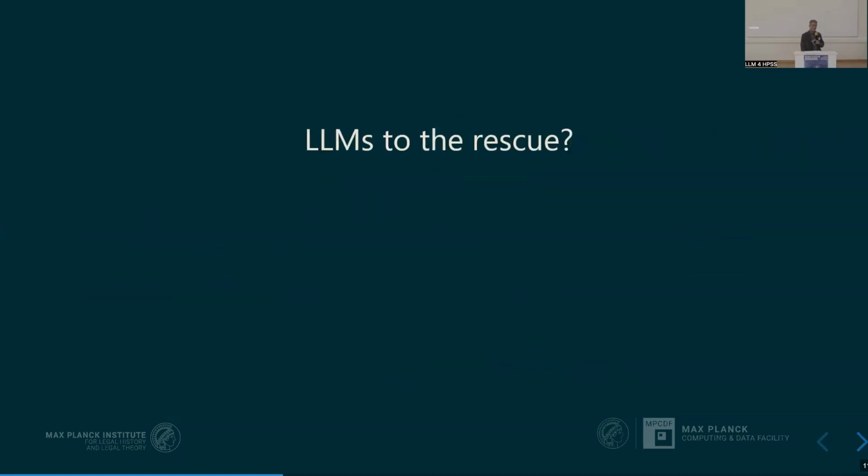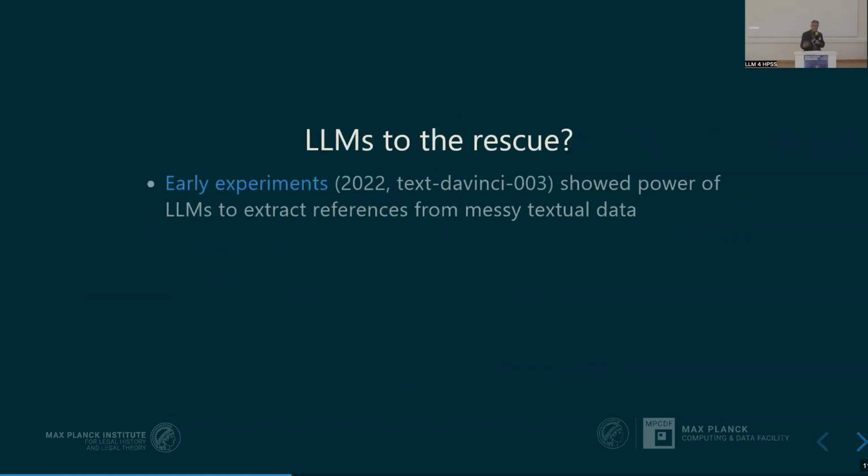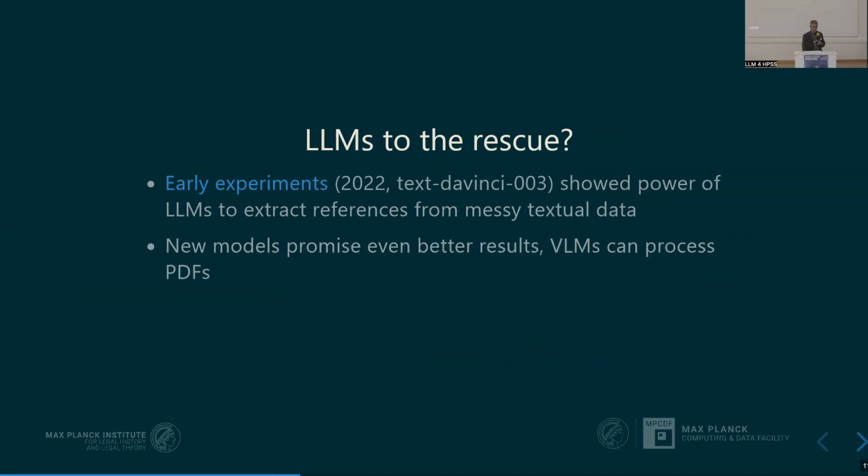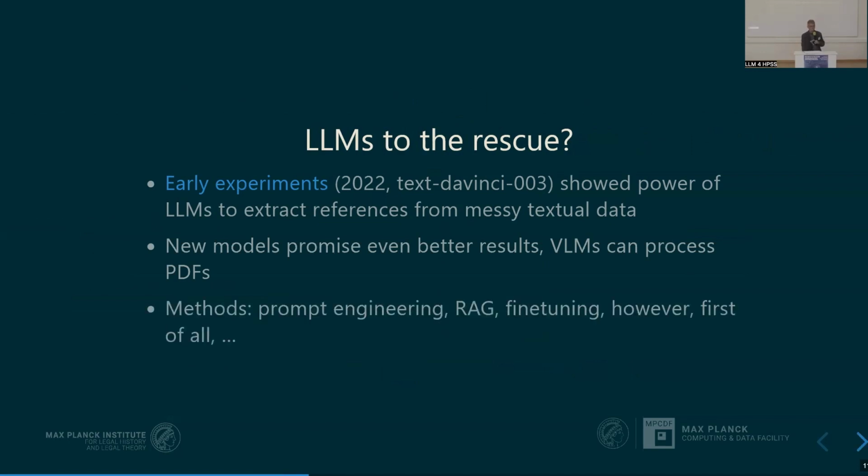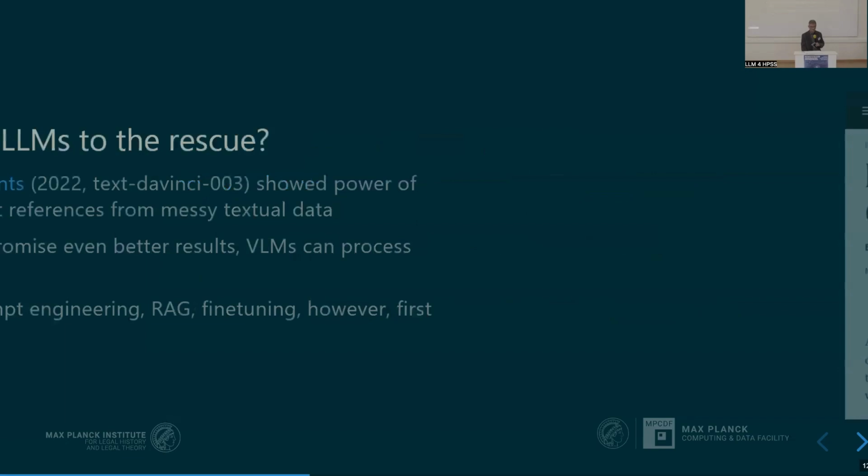So do the LLMs help us? Well, if you just do anecdotal ad hoc experiments, even the very early models performed quite well. Newer models are even better, and then we have VLMs, so we can process PDFs, and we have all kinds of methods to deal with this that we're just starting to look into.